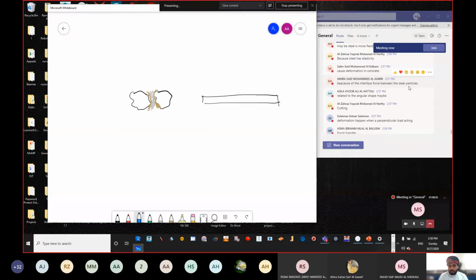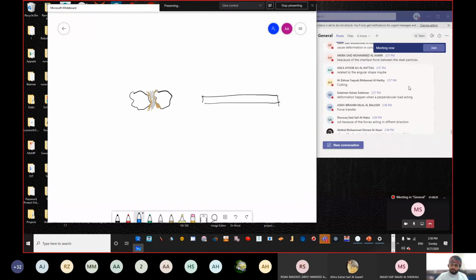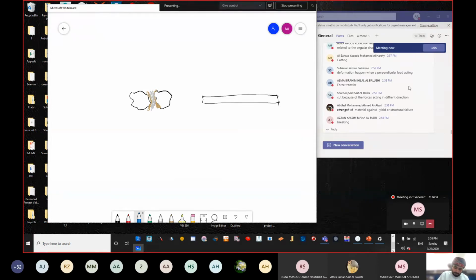So normally we refer to shear whenever there are two side forces. Let us say that there is one force here, and another force here, and we have another force here, and another force here.